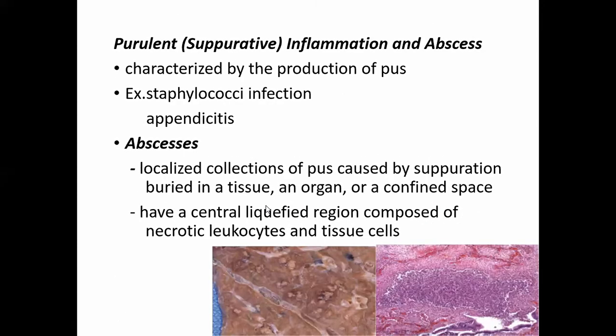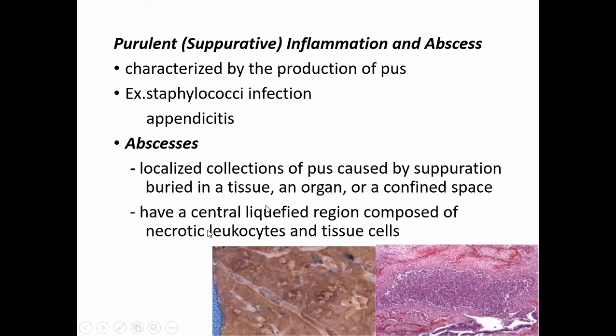In purulent or suppurative inflammation and abscess, this is characterized by the production of pus, and a good example of this is staphylococcal infection and appendicitis. An abscess is a localized collection of pus caused by suppuration in tissues, an organ, or a confined space.